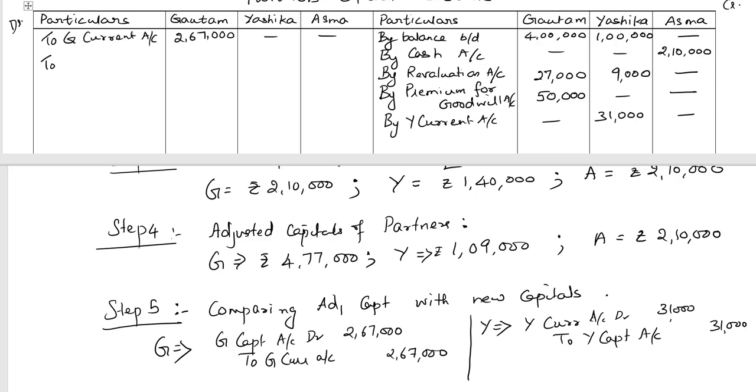We insert the new capitals as balance carried down. In the case of Gautam, it's 2,10,000 rupees. In the case of Yashika, it's 1,40,000 rupees. And in the case of Asma, it's 2,10,000 rupees.